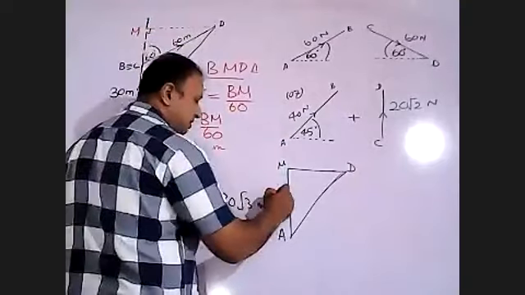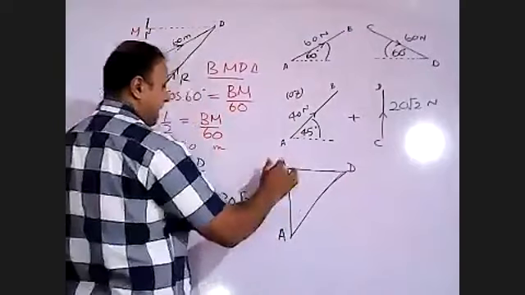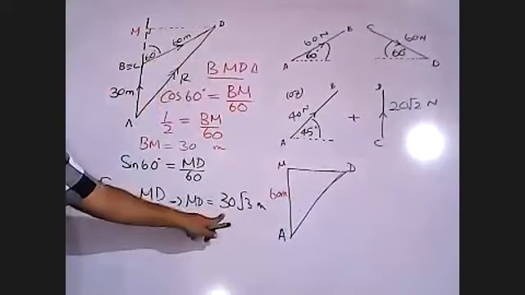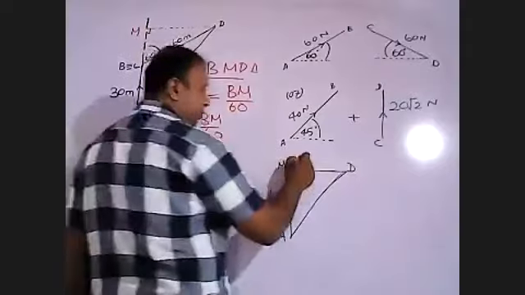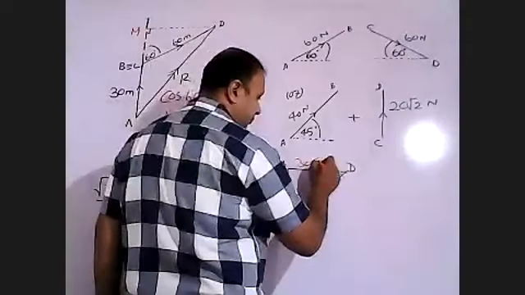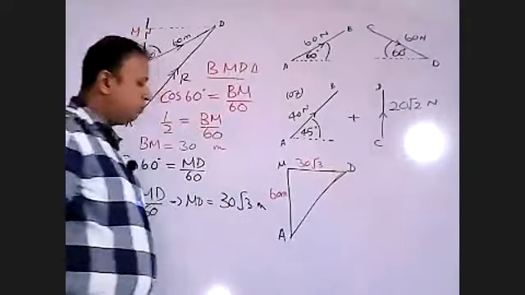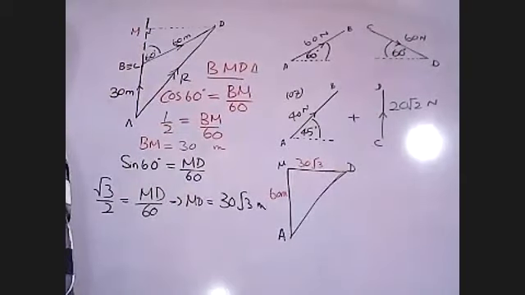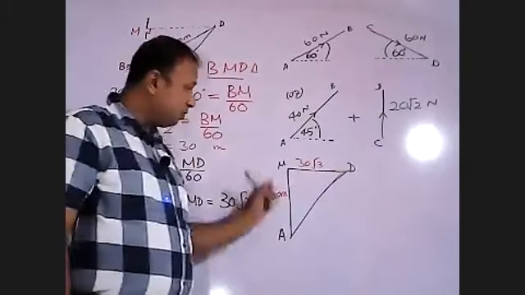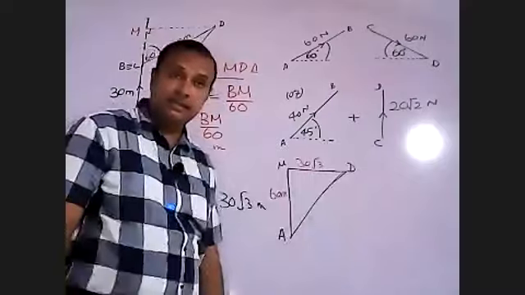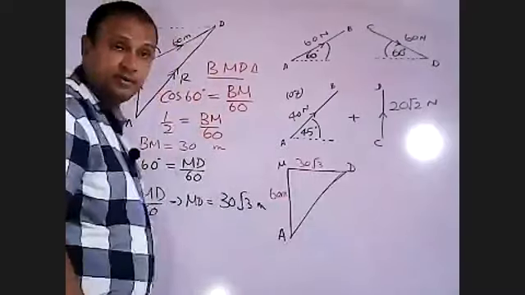This is 60 meters. MD is equal to 30 root 3. You have to find AD.